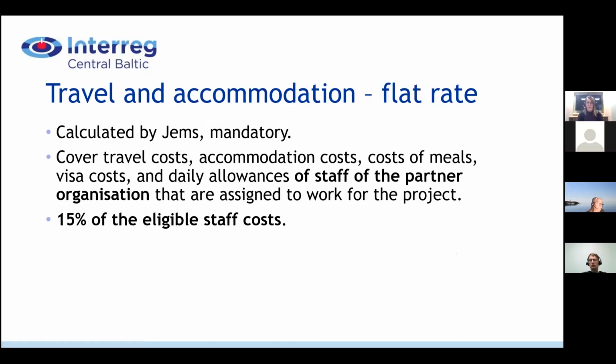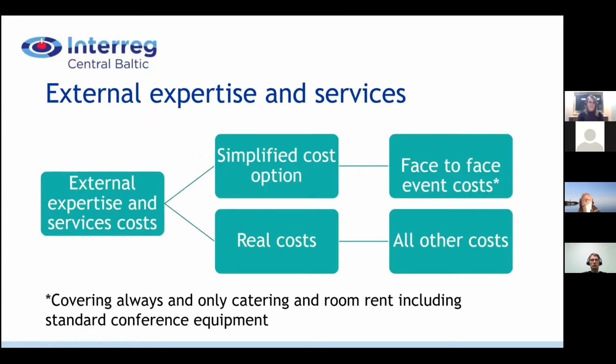If it is about travel and accommodation for participants or external experts, that goes to the cost category of external expertise and works on the real cost basis. But here for the staff, it's 15% of the eligible staff costs, and we need to cover the travel costs for the staff from this amount.